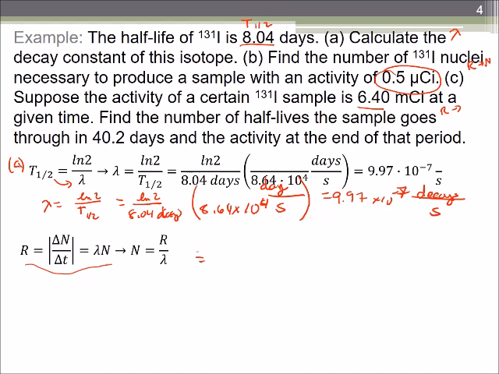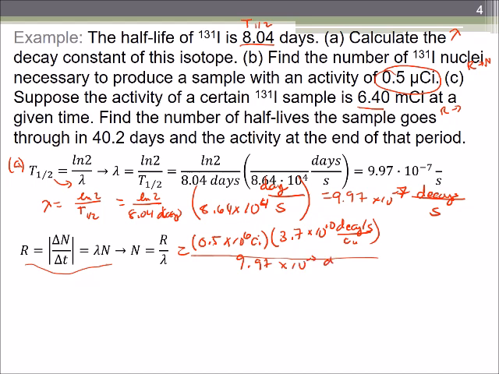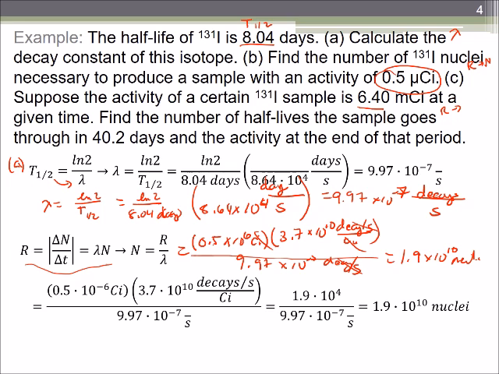So we have 0.5 times 10 to the negative 6 Curies, and we need to multiply that by 3.7 times 10 to the 10th decays per second per Curie, because that's just a unit conversion. And then divide by 9.97 times 10 to the negative 7th decays per second. So the Curies cancel. So I get my number of atoms is 1.9 times 10 to the 10th nuclei. Okay, so that's how many we have.